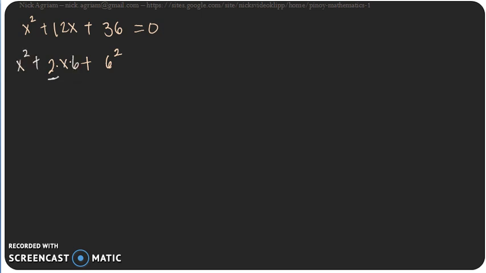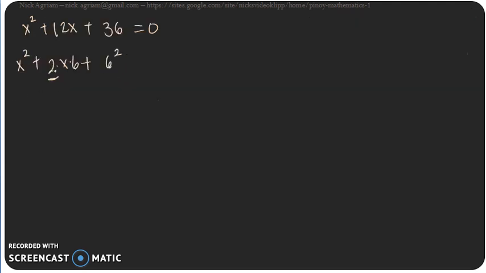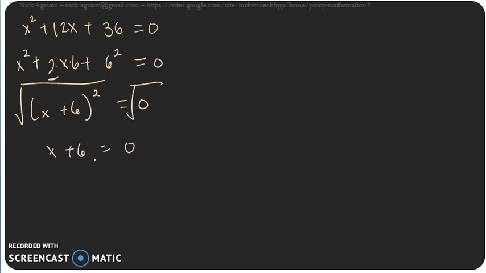As you can see, there is a 2ab there. And it's the same here also. So if that's the case, then we have x plus 6 in a parenthesis squared is equal to 0. Extracting the square root of both sides, then we have x plus 6 is equal to 0. Minus 6 there, minus 6 there. Then we have x sub 1, which is also equal to x sub 2 is equal to negative 6.